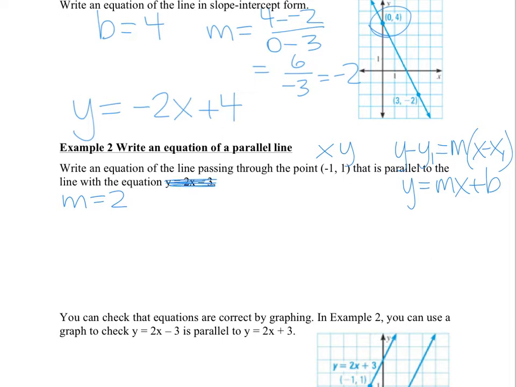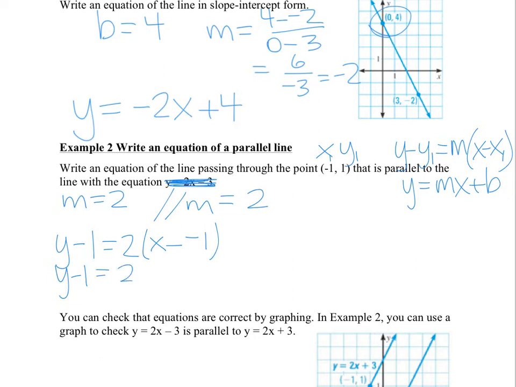Then I don't care about that line anymore. A slope that's parallel is going to be the same. So we can do two things here. We can choose to use our y minus y1, you can look at those as x1, y1, equals 2 times x minus x1.